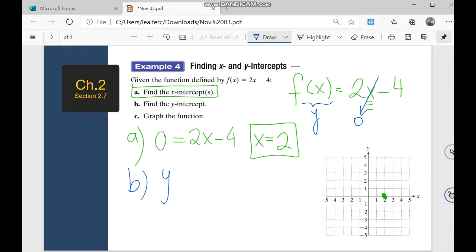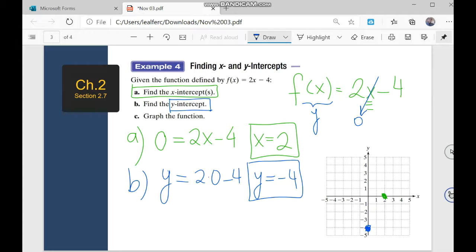So y equals 2 times 0 minus 4. 2 times 0 is 0, 0 minus 4 is negative 4. Y equals negative 4. Go to the y-axis, check negative 4. Negative 4 is going to be the y-intercept that we're looking for.